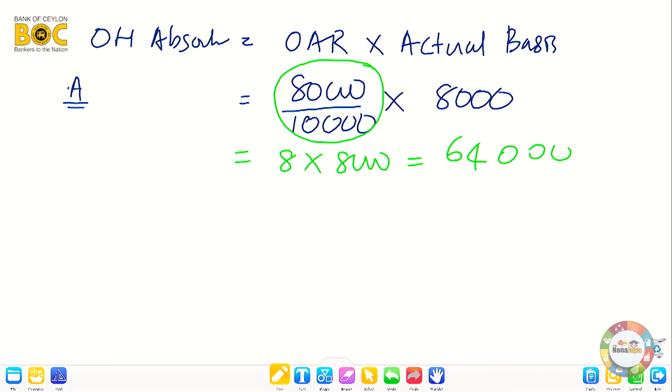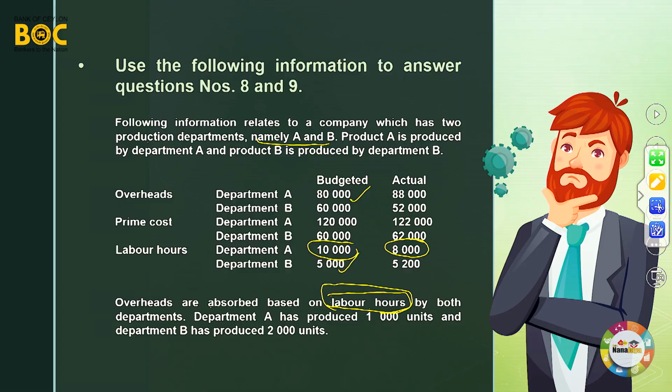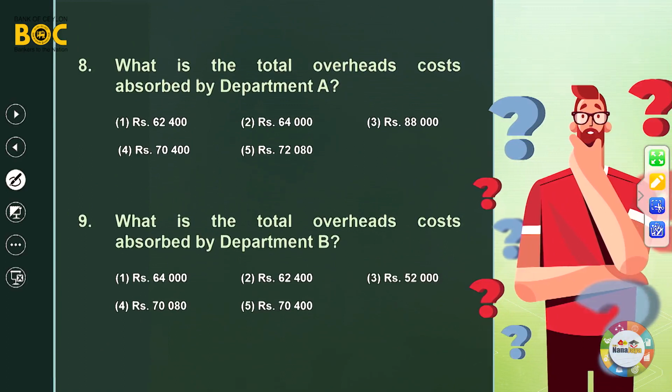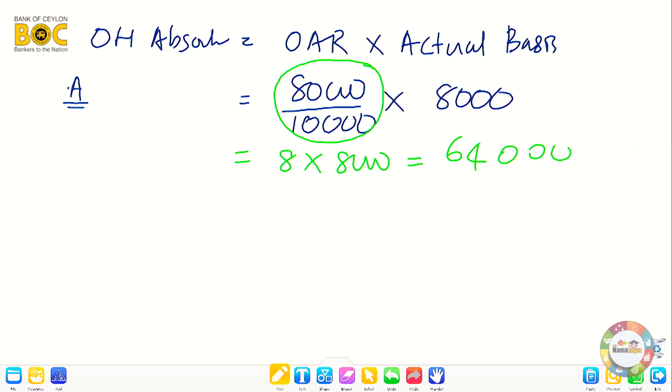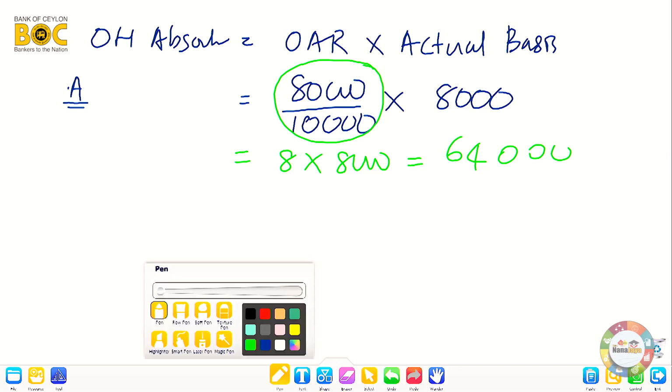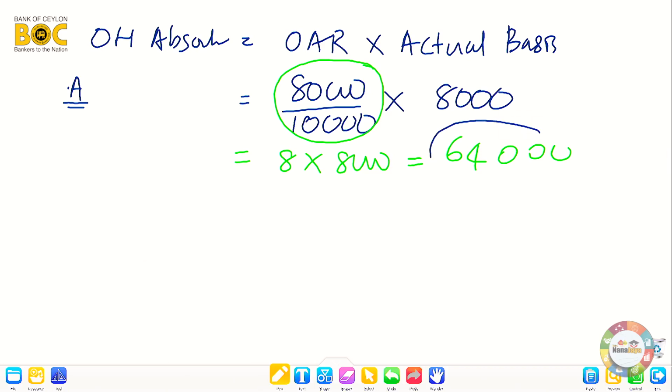Then the question: what's the total overhead cost absorbed by department A? We got 64,000 rupees.